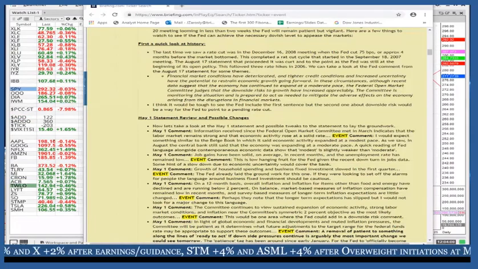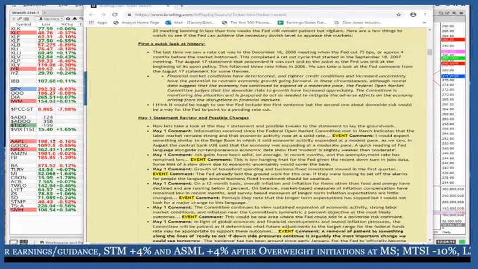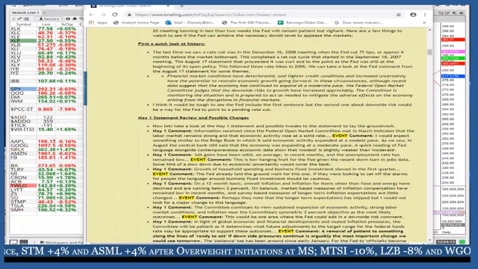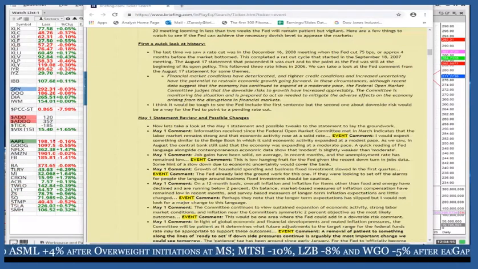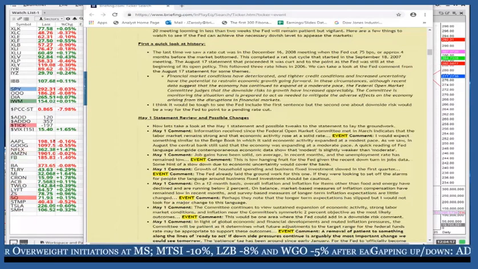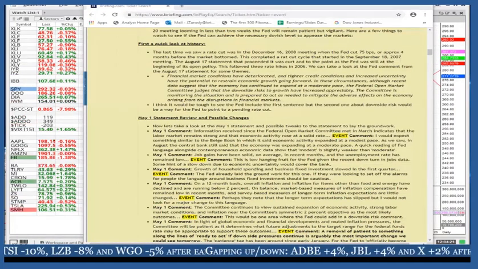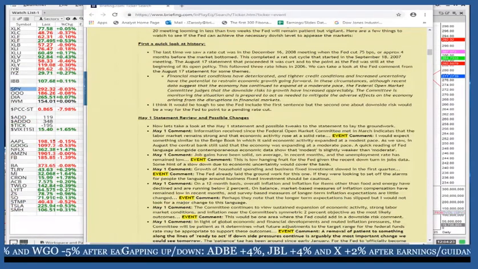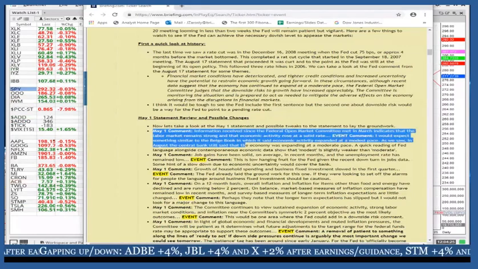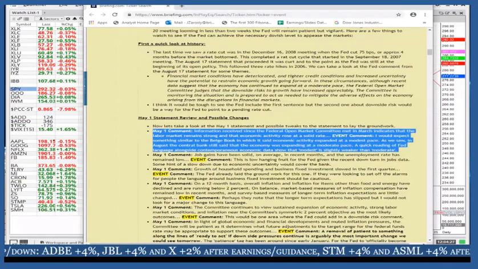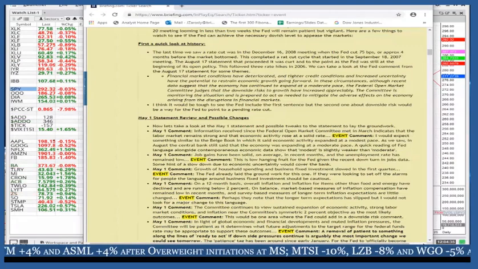Now, we take a look at the May 1 commentary, and we could see that the last economic comment they had was that the economy was expanding at a moderate pace. Now, the language that we saw in the Beige Book showed a modest pace, which is actually slightly weaker in Fed parlance.